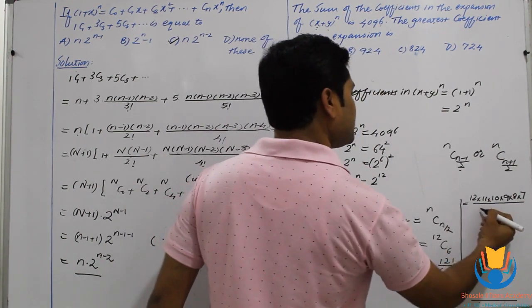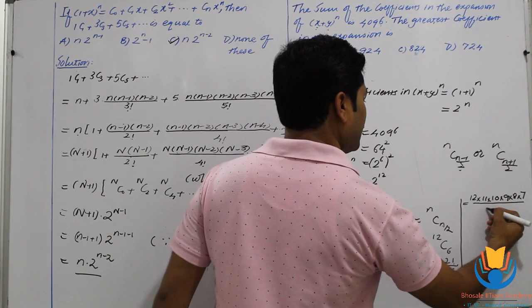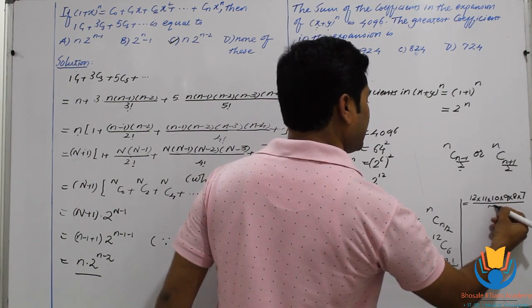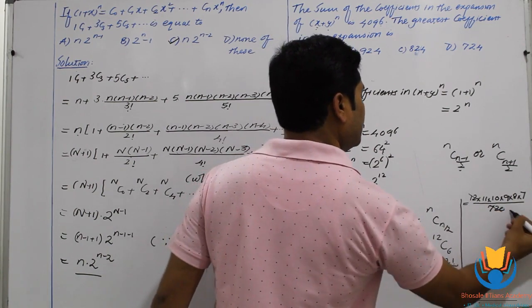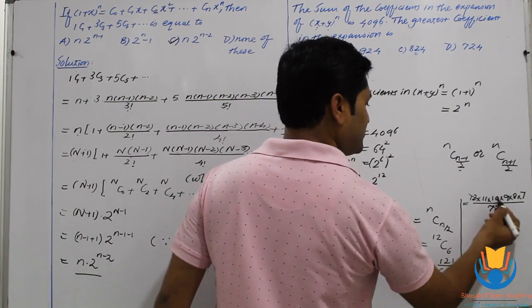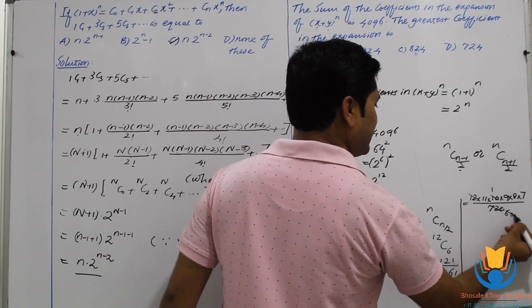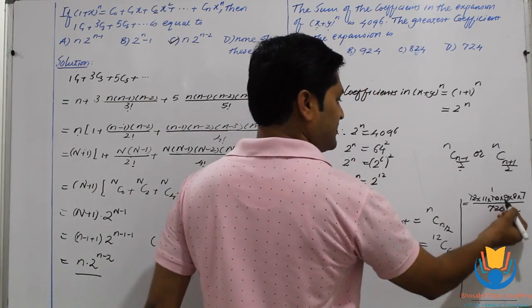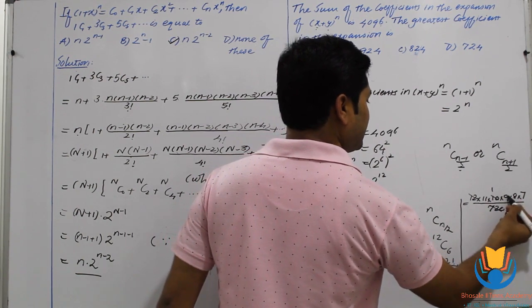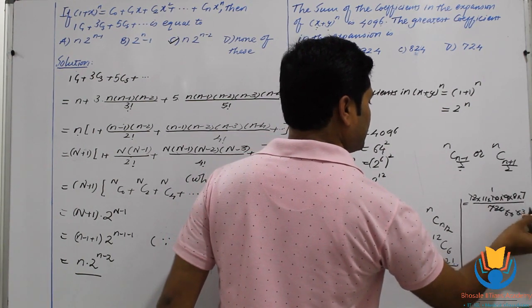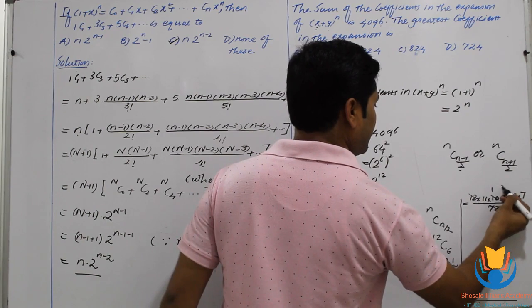This 6 factorial's value, I think, is 720. 12 ones are 12, 12 6s are 72 and that zero; 10 ones are 10, 10 6s are 60. So this is 3 3s are 9, and this is 3 2s are 6, and this is 3 3s are 9.